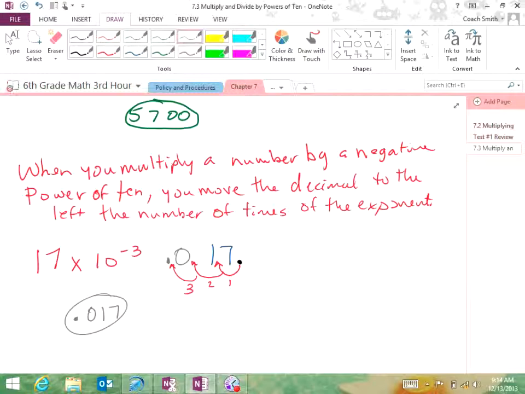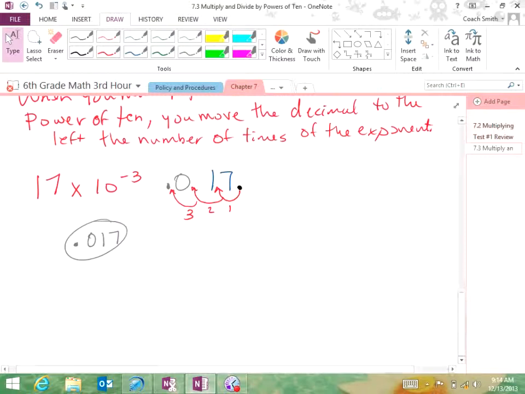Now, understand, this only works on powers of 10. Okay? It wouldn't work on 5 times 2, obviously.